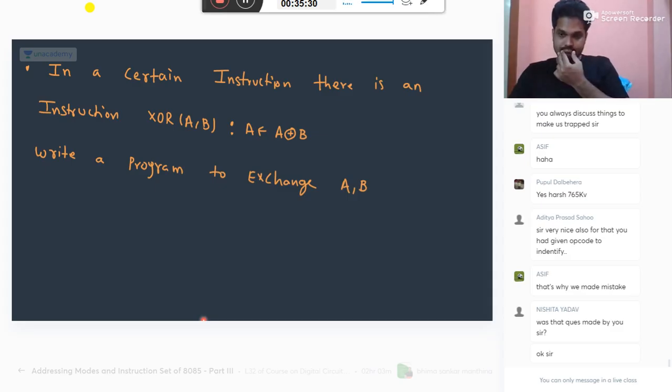It is not 8085. It is a certain microprocessor.